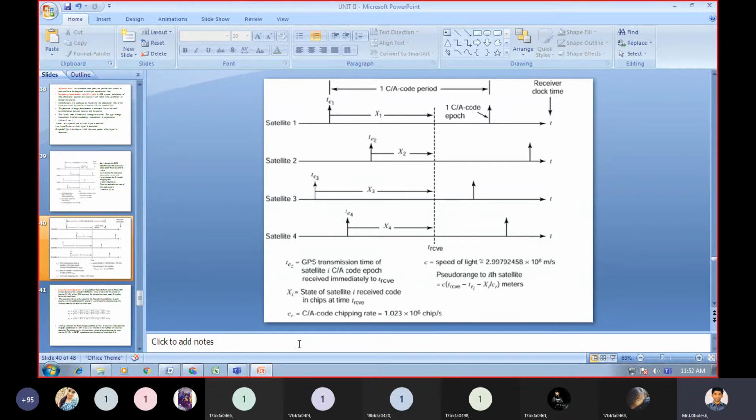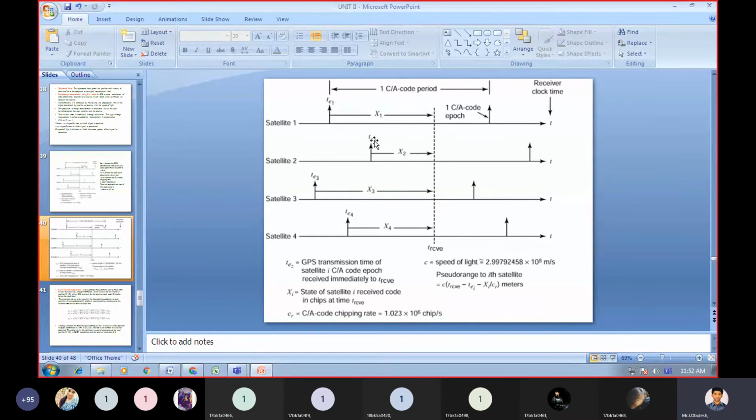Once it receives the signal, by default it will be able to demodulate the signal. From that you need to see the GPS transmission time of the satellite, the C/A code approach received at T receive.